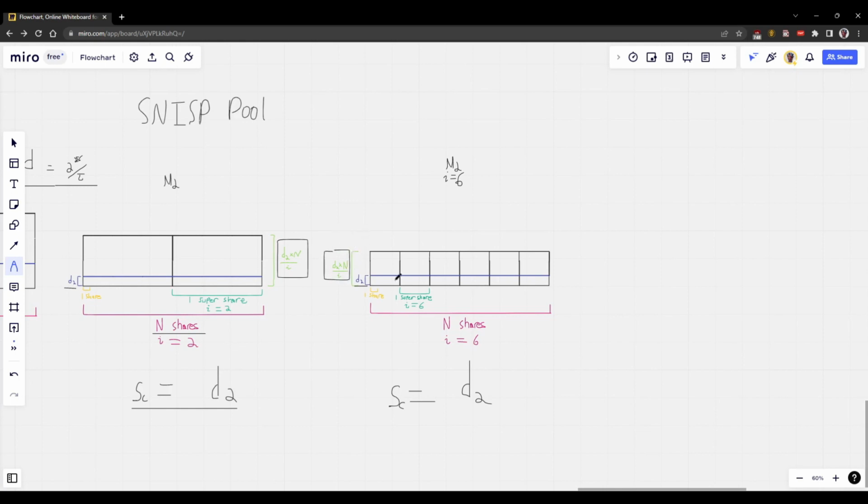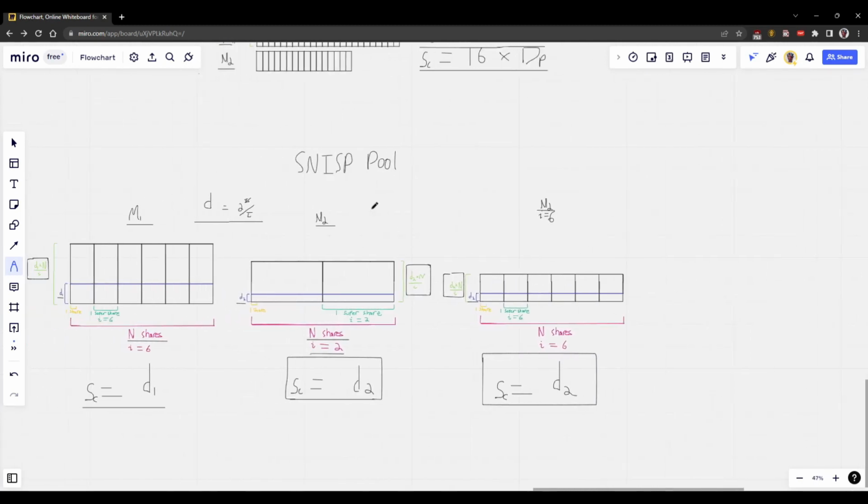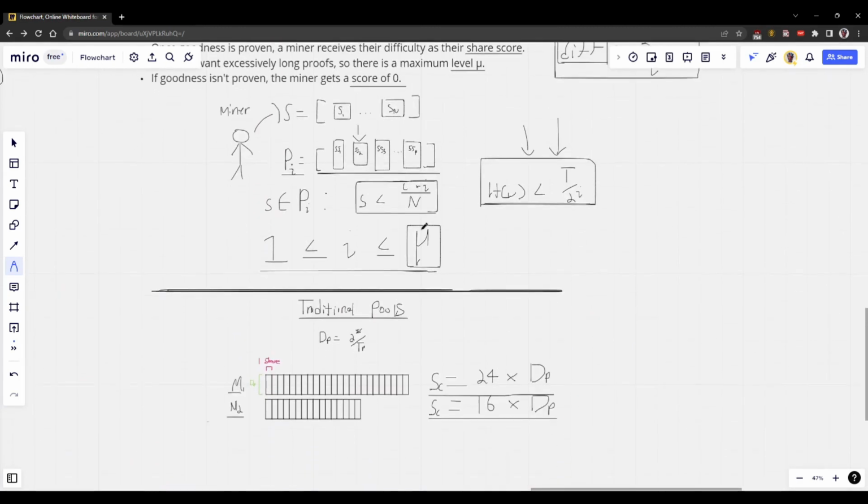So the difficulty value for each super share can be lower compared to their proof for I equals 2. In the end, regardless of what proof miner 2 is submitting, they're paid the same because the score in the end is still D2 regardless of what level proof they submit. Now also remember, there is a maximum level that they can submit at, and that maximum level is mu.